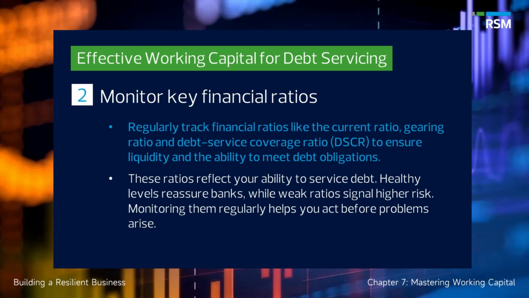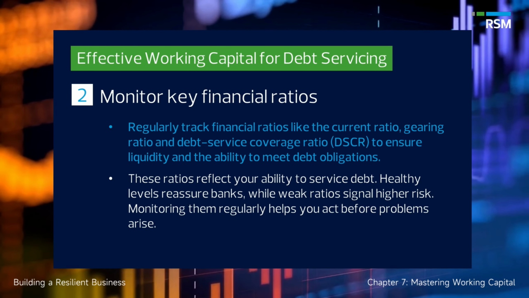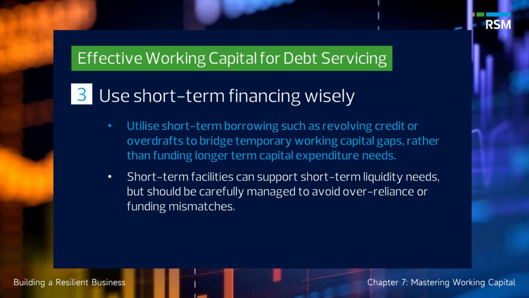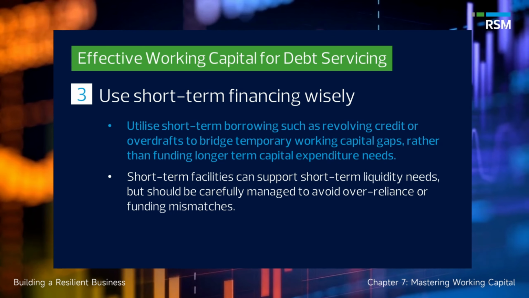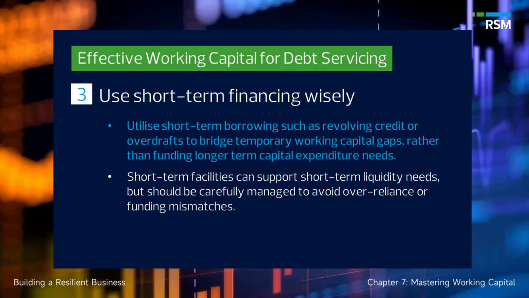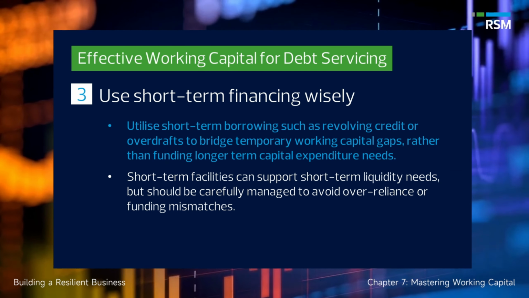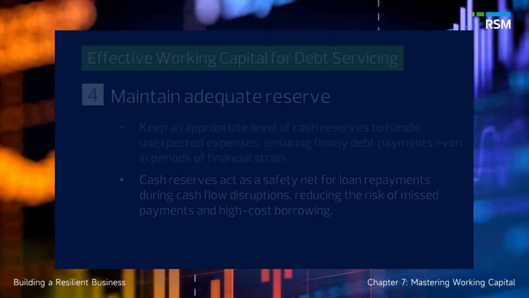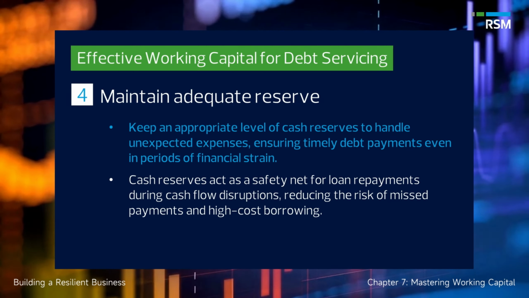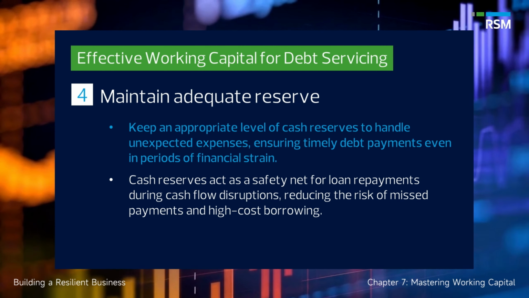If it dips, your ability to meet obligations may be at risk. Moving on. Use short-term financing tools like revolving credit and overdrafts to bridge temporary working capital gaps, rather than funding longer-term capital expenditure needs. And finally, build reserves to cushion against unexpected challenges, ensuring timely debt repayments.